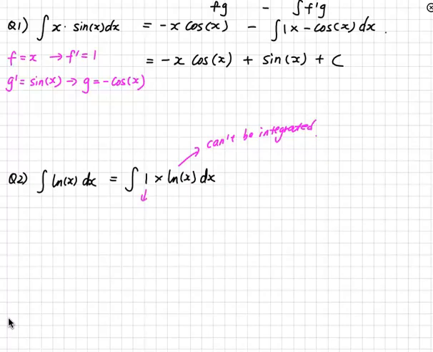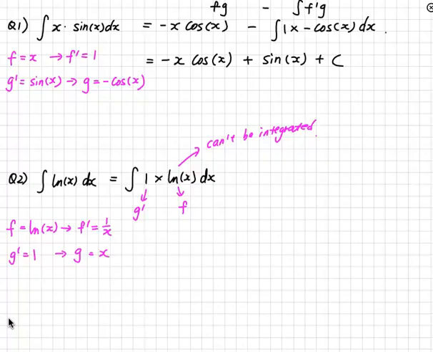So therefore, my g dash has to be 1. And my f needs to be natural log of x. So f is natural log of x, so therefore my f dash is 1 on x, g dash is 1, so therefore g is x.